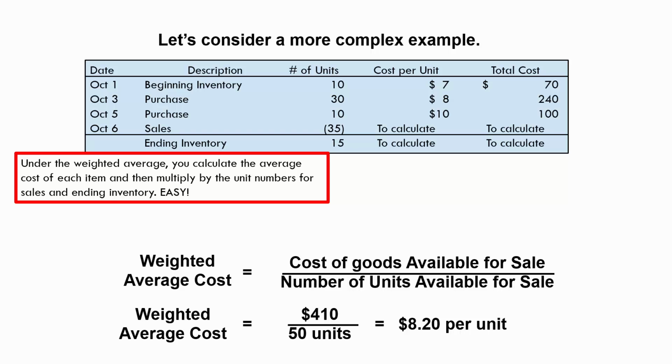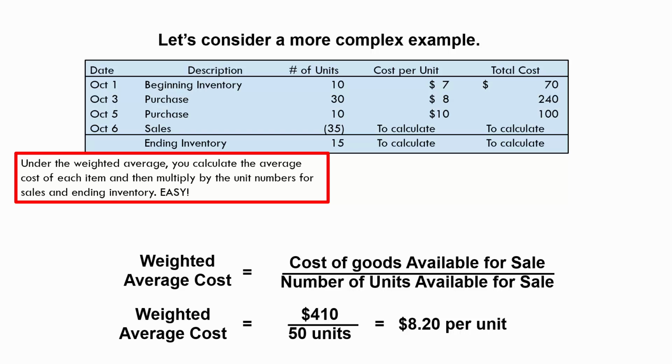You have to go through and calculate what goods available is by totaling up the total costs over here and also totaling up these units, and divide the total of this by the total of this to get $8.20 per unit. Now, if we sell 35 units, then 35 times $8.20 is going to be the cost of goods sold. And 15 times $8.20 is going to be your ending inventory.